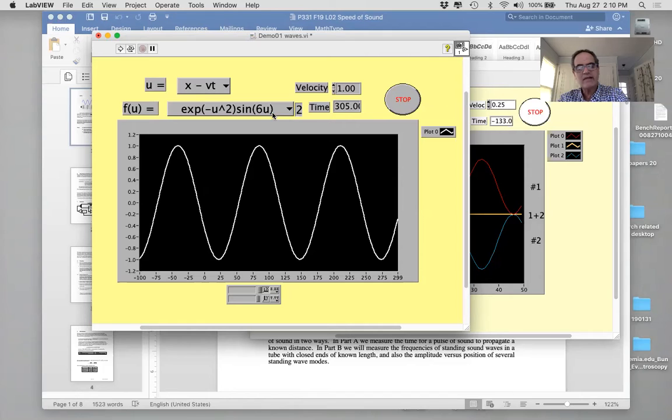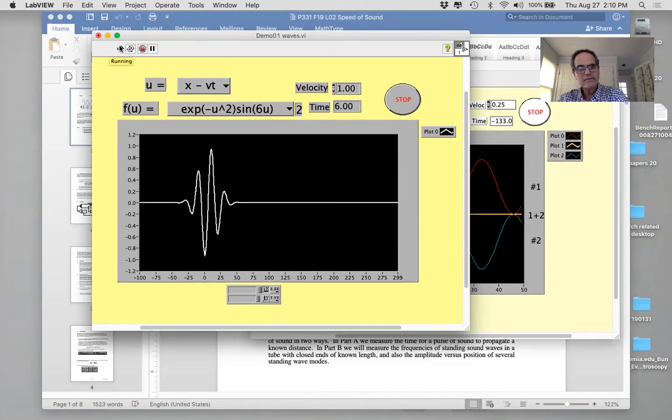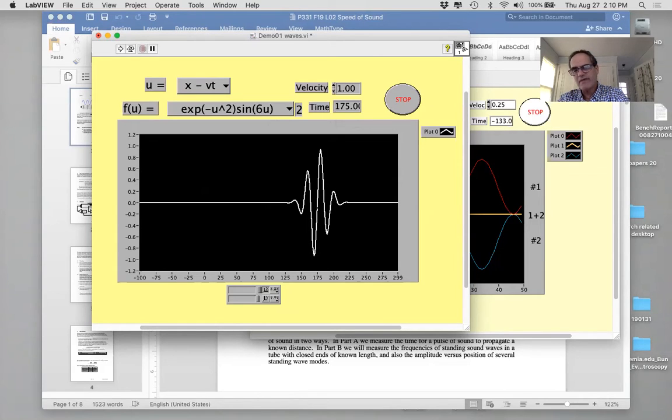It could be anything we like. Here's one. This looks like a sinusoidal wave that's modulated by a Gaussian function. This shape sometimes we call a wave packet because it has a fairly well-defined wavelength, but it's also fairly well localized in space. More about wave packets later.